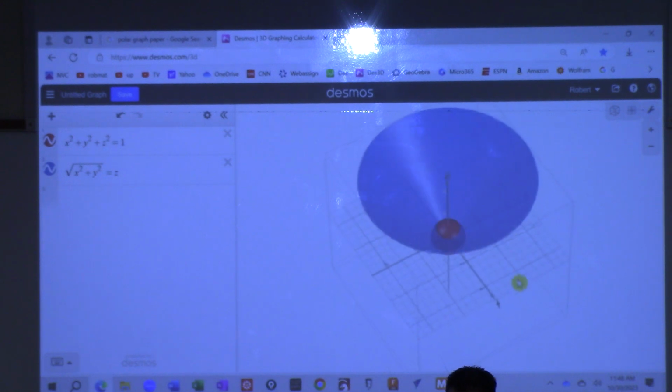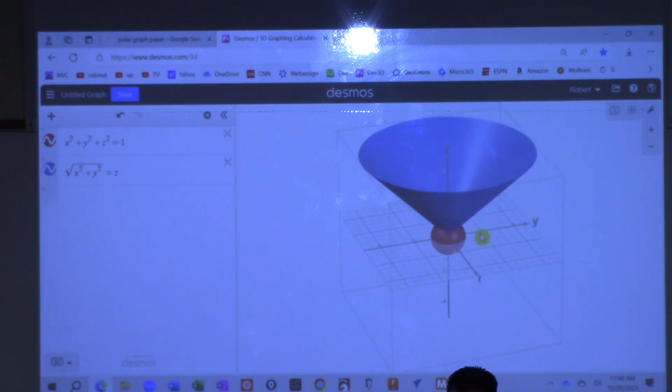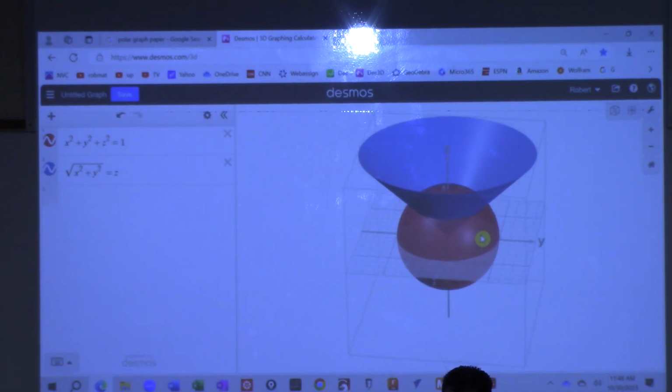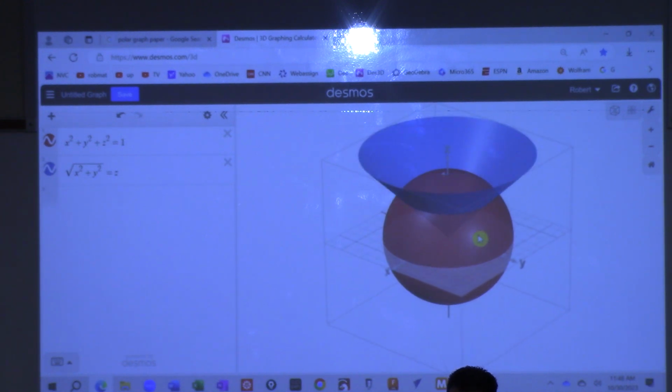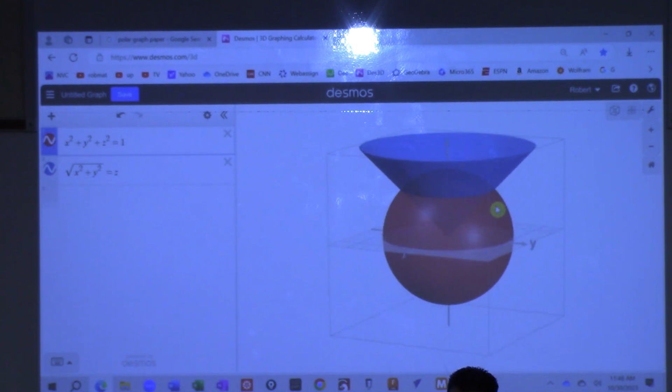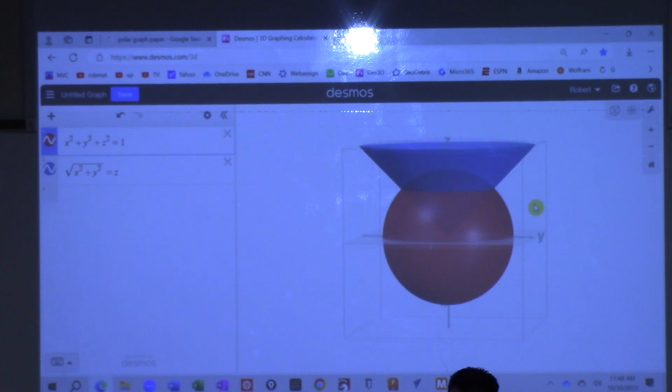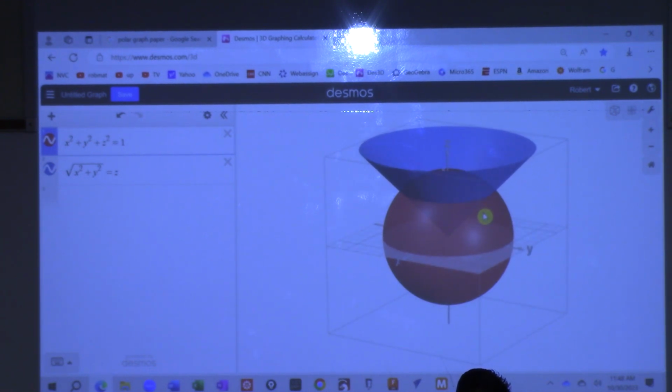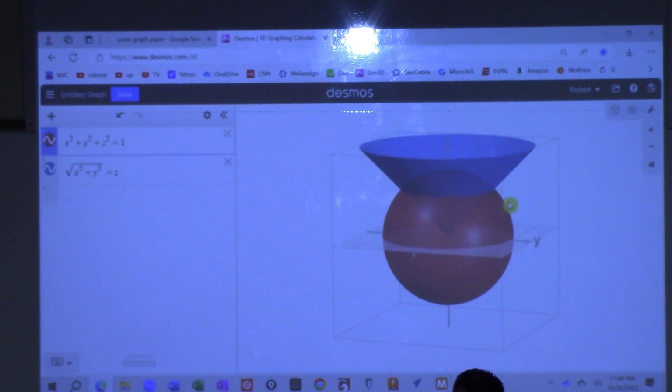You can see through a little bit, right? So we're trying to find the volume of that thing in there. What does that shape look like? To me, it looks like a little snow cone. Yeah. Looks like a snow cone, right? Okay, so that's Desmos. Let's see what I have.